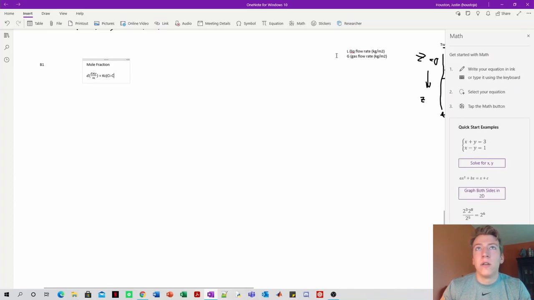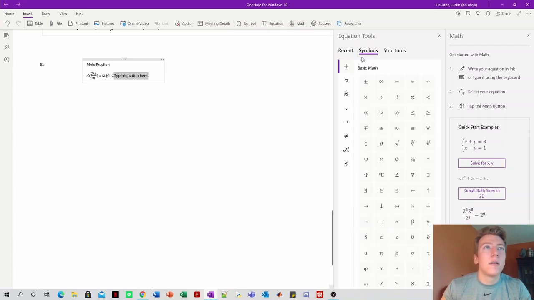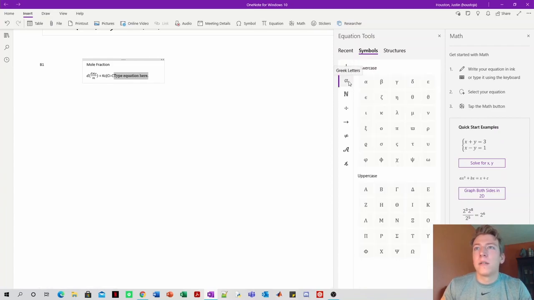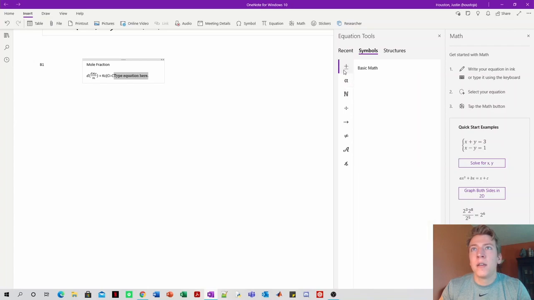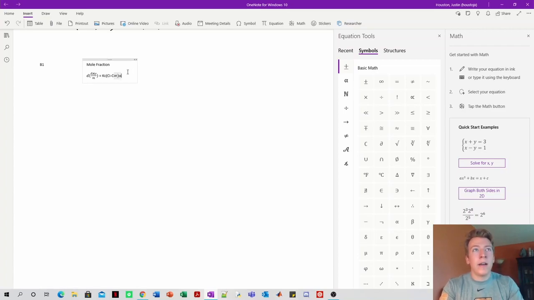So we're going to use the infinity symbol. There it is. Times a, which is the specific area.